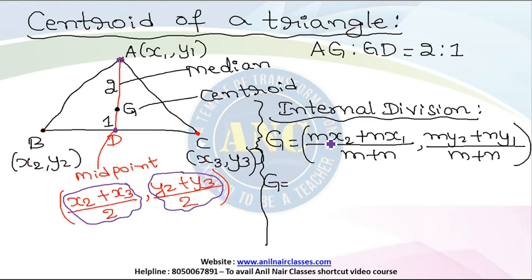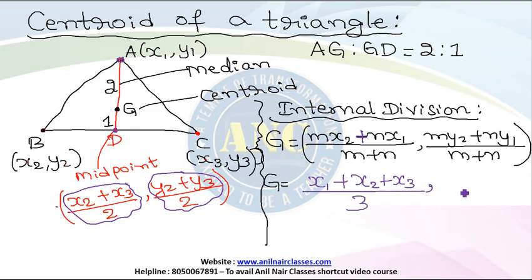That means m x2, m is 2 into this entire value. This 2 and this 2 will cancel. You will be left with x2 plus x3 plus n value 1 times x1, or I can write it as x1 plus x2 plus x3 divided by 2 plus 1, 3.